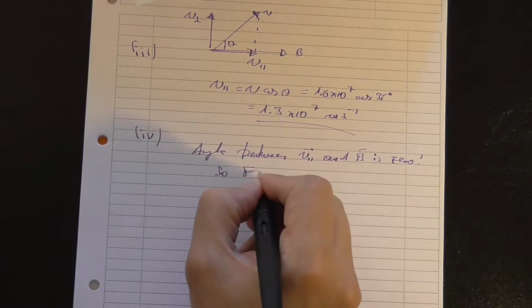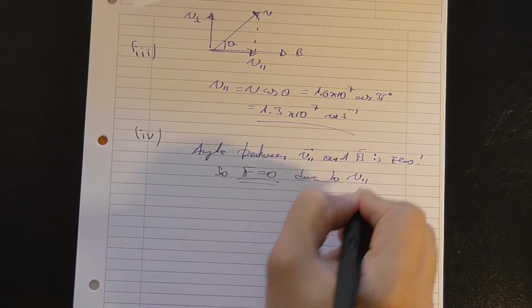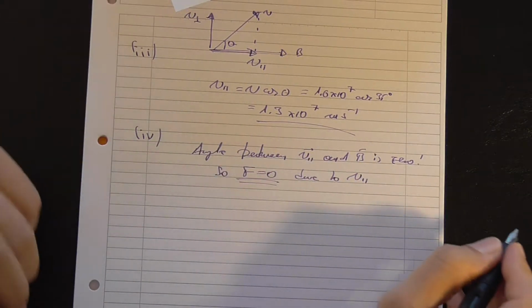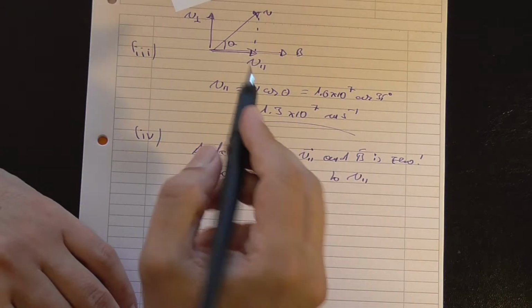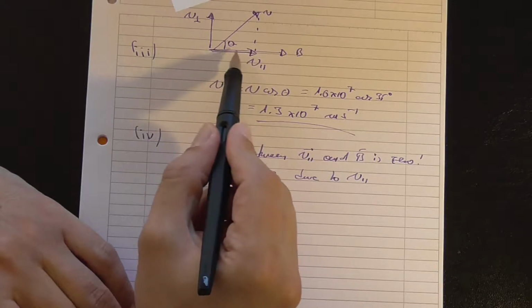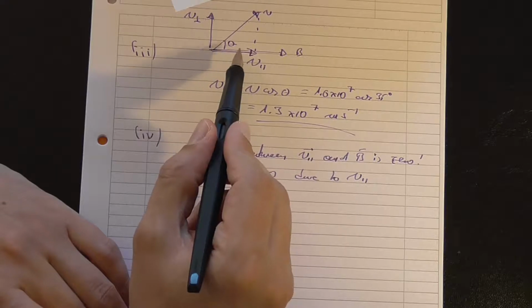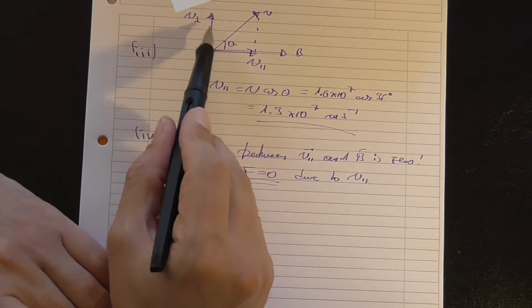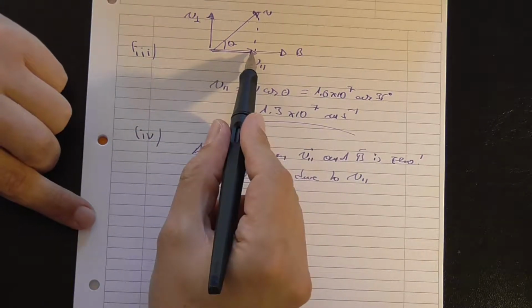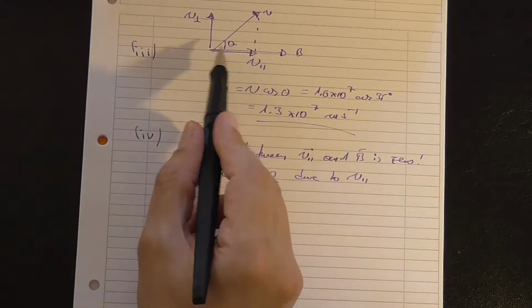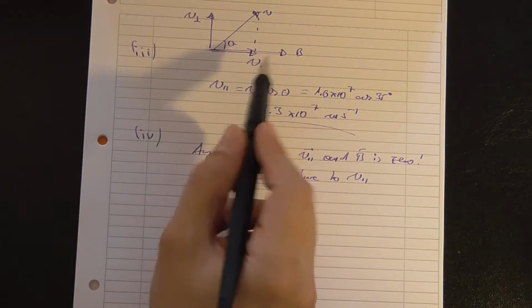So the force is 0 due to V parallel. Put a few words to explain what you mean, that because there is zero angle between this component of the velocity and the magnetic field, from that component you get no force. You only get force from the normal component. But you still have this velocity. This still exists. So the particle is moving in this direction, but there is no force due to that component.